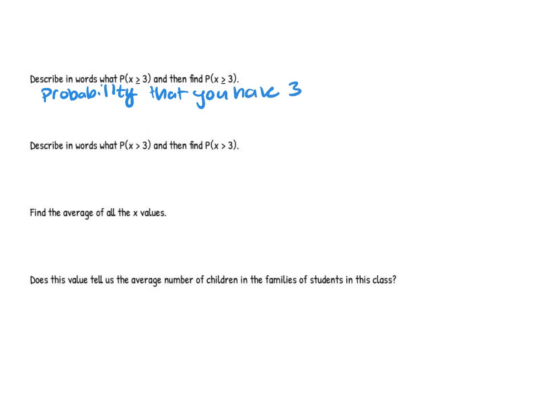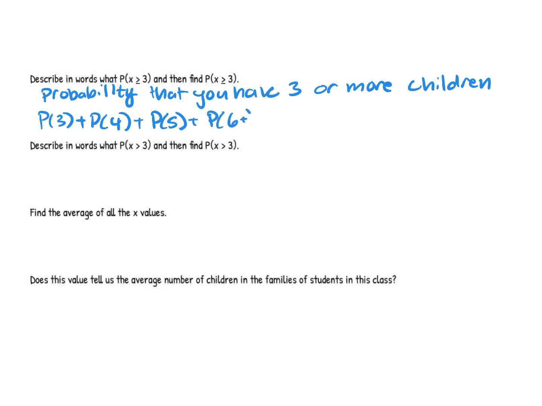And to find that, you would just add up your probabilities for 3, 4, 5, and 6 plus. So probability of 3 plus probability of 4 plus probability of 5 plus probability of 6 plus, which gives us 0.695.